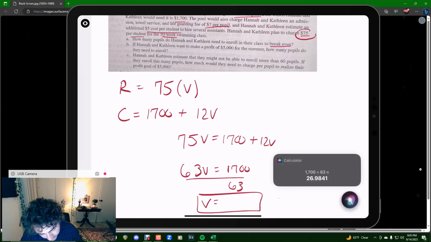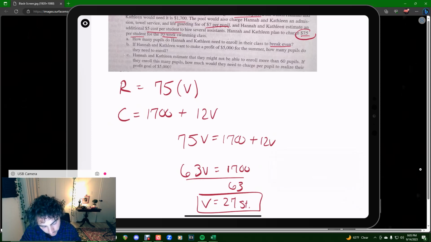So 26.98, or if you're being real, 27 students, because you can't enroll 26.98 students. This many students in order to break even.